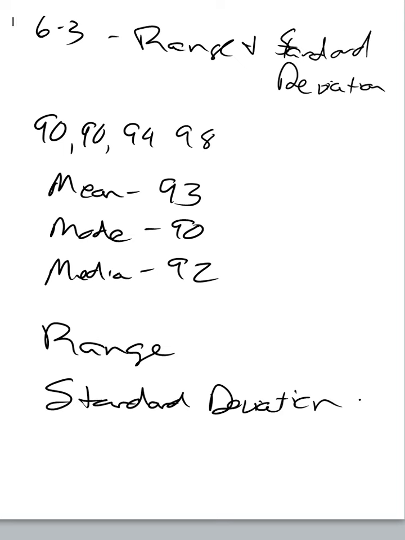We're going to go ahead and we'll do that same thing. We'll use the same set of four numbers that we used before. I'm going to insert a new page here though, because I'm going to run out of room. And once again, I'm going to write our data here again. We had 90, 90, 94, and 98.